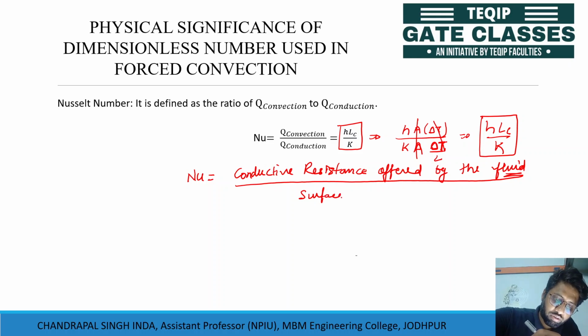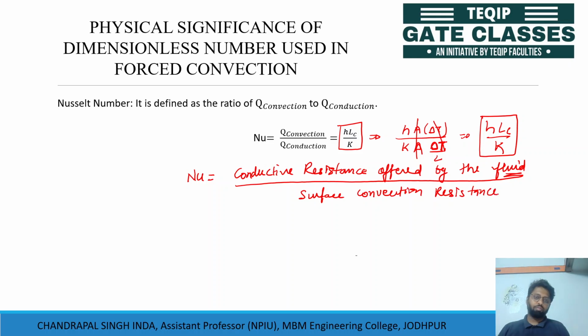So here the fluid is important. The significance of the Nusselt number is that it signifies how much heat is gained due to the advection of the fluid.